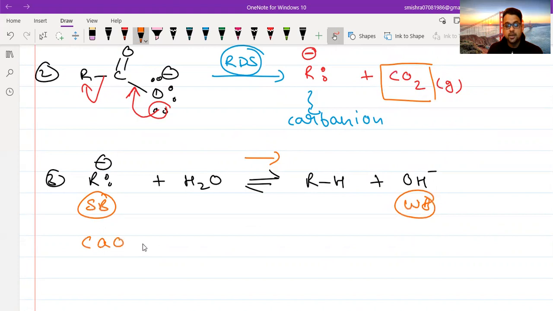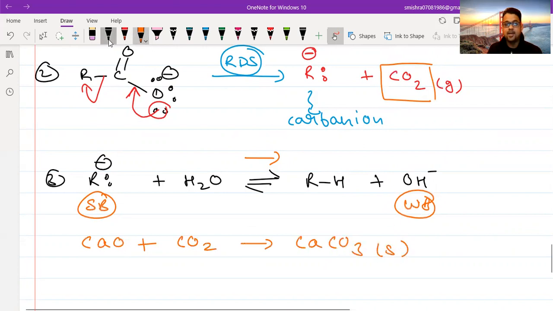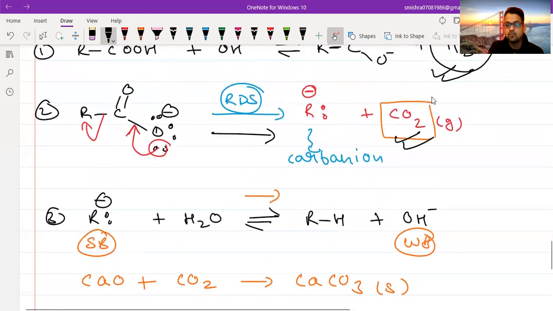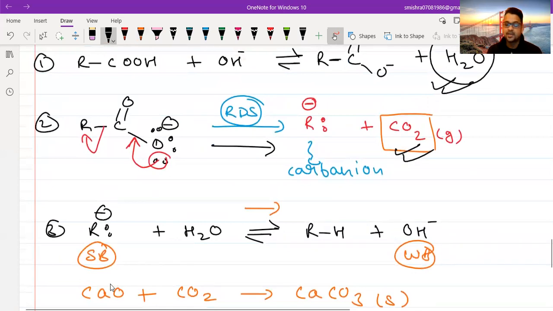So we use CaO because CaO can combine with CO2 and form a precipitate of calcium carbonate. And this will help in moving this reaction in the forward direction. According to Le Chatelier's principle, CO2 is trapped and removed from the system using calcium oxide. तो ये रोल होता है लाइम का कि it removes the CO2.